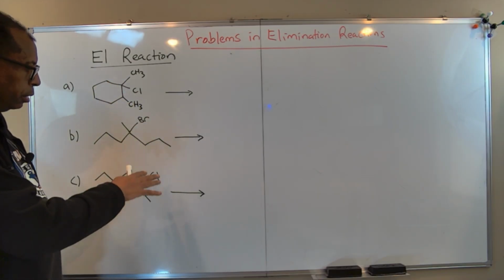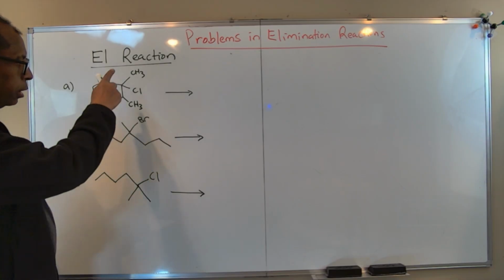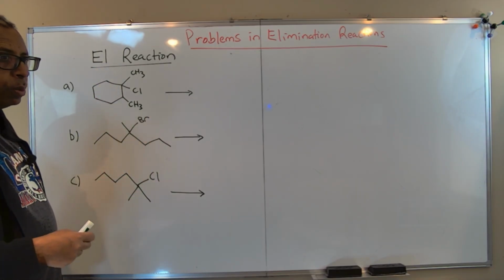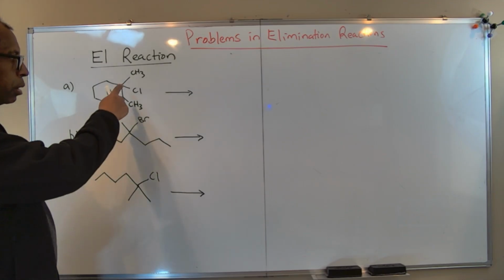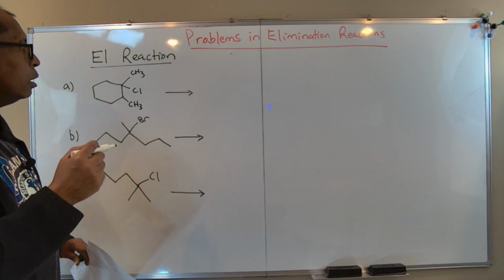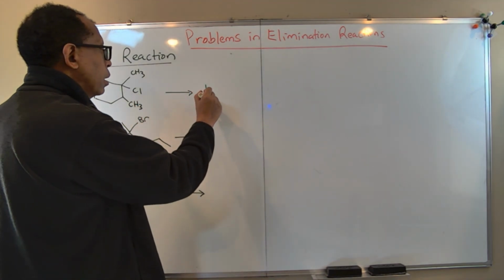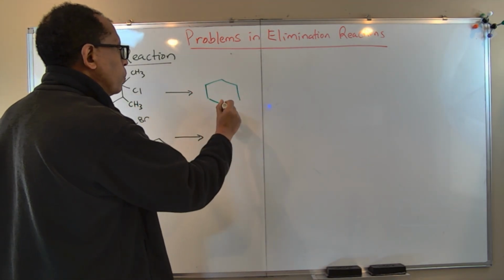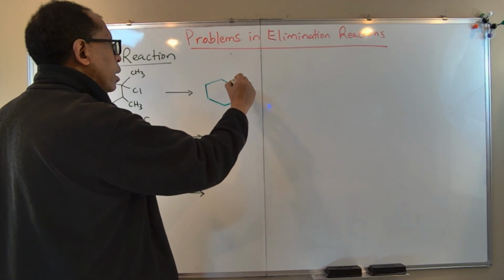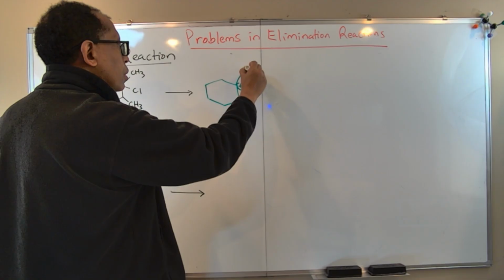It's natural to say these substrates, these alkyl halides, would undergo an E1 because they could produce a very stable carbocation. So let me just draw the intermediate carbocation before the actual elimination happens.